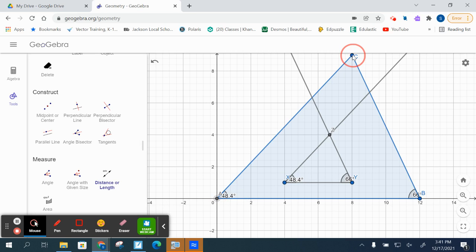AC is 12, XC is 4. CB is 9.8, ZY is 3.3. And AB is 12, and XY is 4. So all of those would have a ratio of 12 to 4 or 4 to 12. So that would be 1/3 or 3.